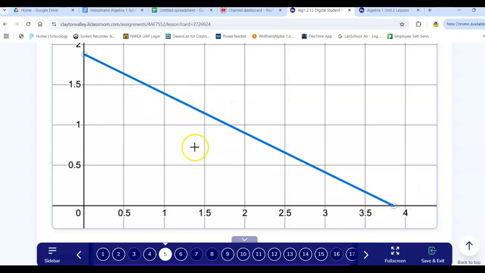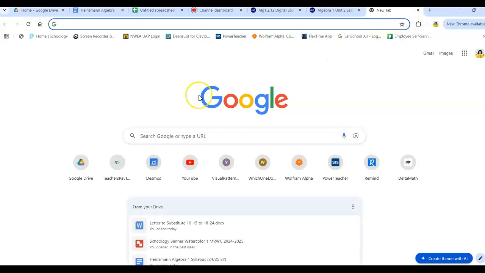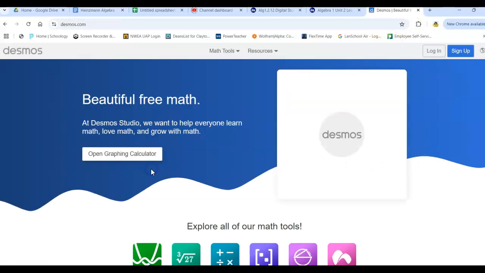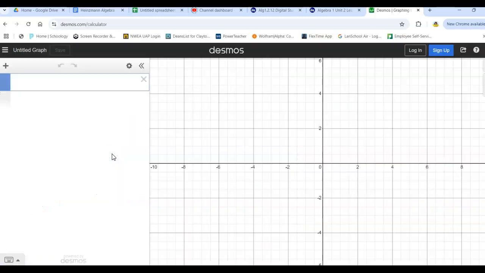But this isn't going to really help you finish filling out this table. So I suggest that you go to Desmos. Okay, so let's just open up Desmos, go to the graphing calculator, and put in that equation: 4x plus 8y equals 15.